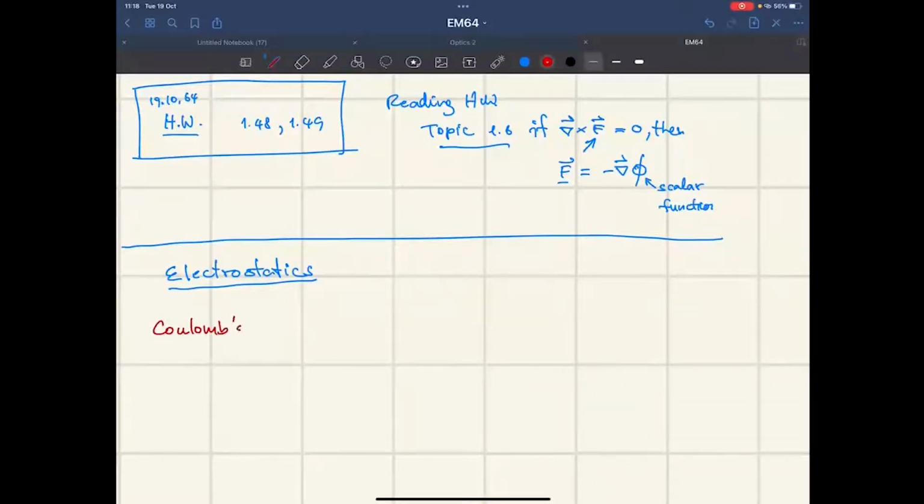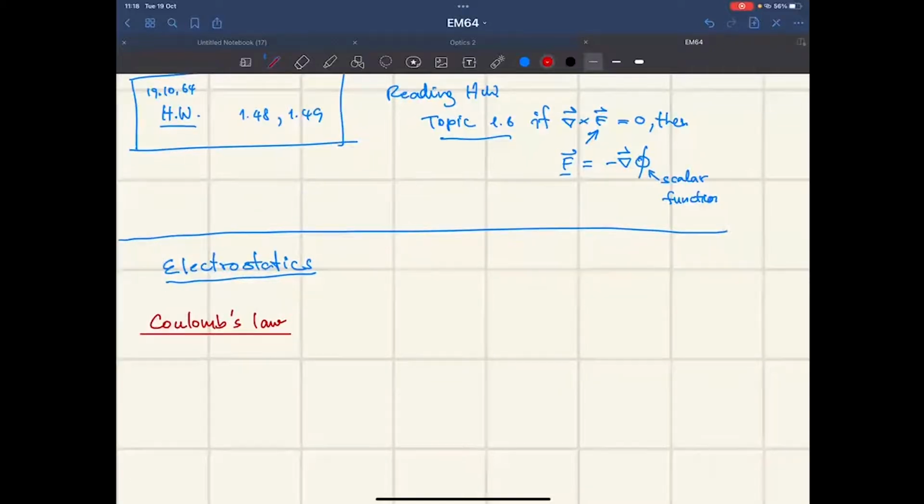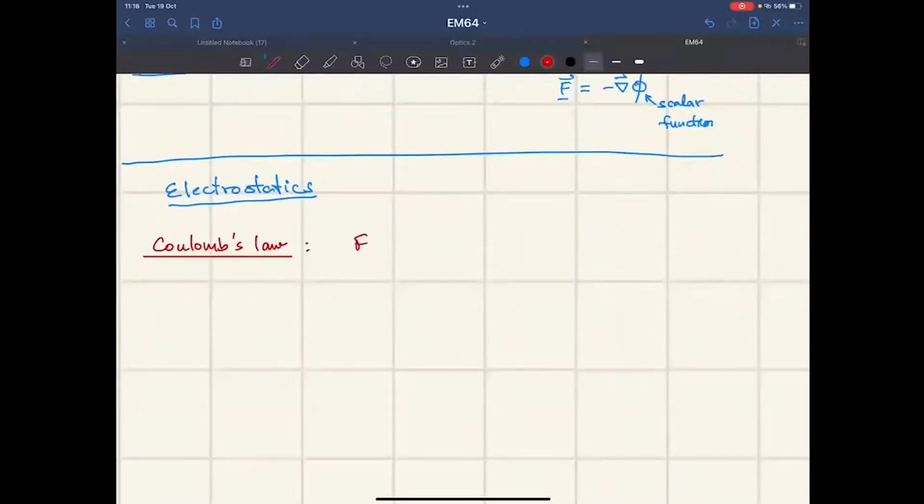We know that Coulomb's law is F equals 1 over 4 pi epsilon naught, Q divided by R squared, and we need another Q here. This is Coulomb's law. And what is our epsilon naught?